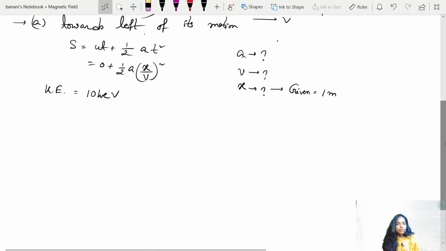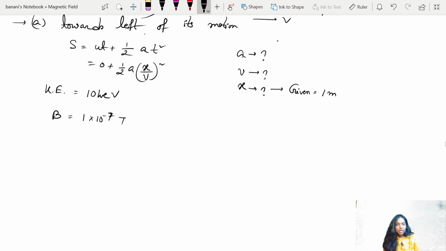Kinetic energy is given. So from kinetic energy we know kinetic energy equals half m v square. So kinetic energy is given, that means we can calculate the velocity from this.